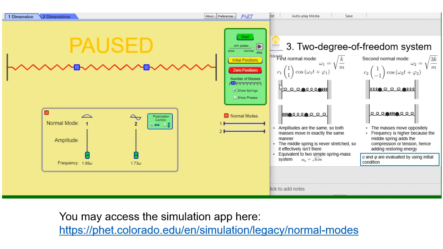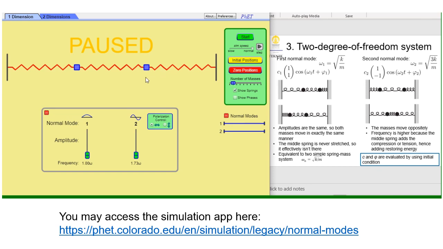And then the second normal mode happens at omega 2, which is square root of 3 times square root of k over m. So that's why for this case of two masses, we can have two normal modes with two different frequencies given here.